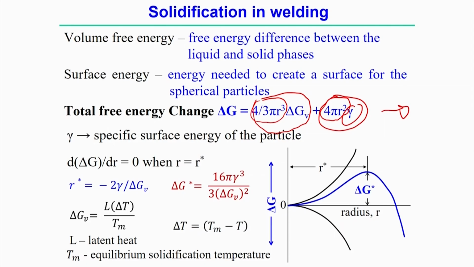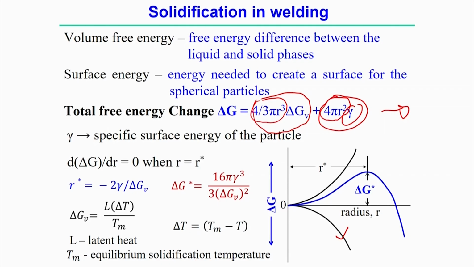Now, this free energy change can be represented graphically. Here you can see one component, which represents the volume free energy change during the change of phase from liquid to solid.